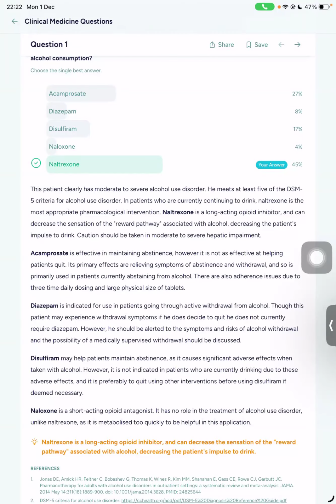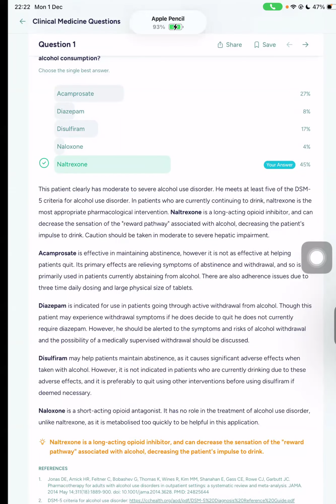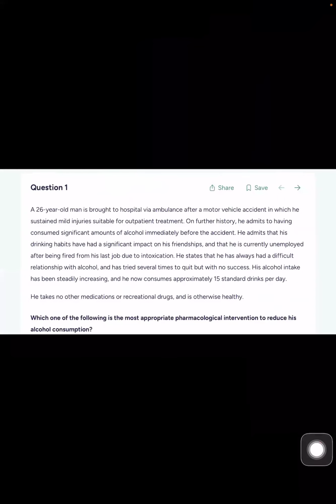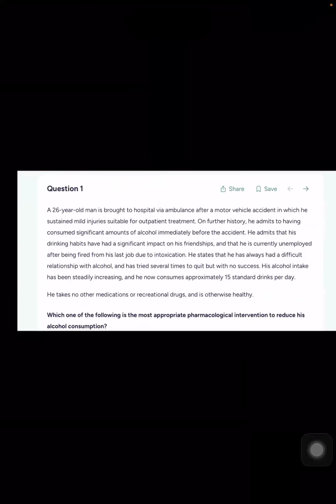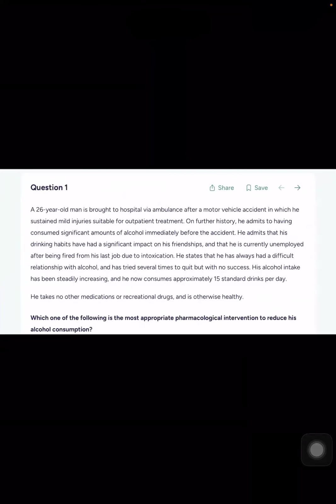Okay, so naltrexone is a long-acting opioid inhibitor and can decrease the sensation of the reward pathway associated with alcohol, decreasing the patient's impulse to drink. This is how they are asking the question. I just wanted to show how it appears in the exam. To reduce his alcohol consumption, what is the most appropriate pharmacological intervention?